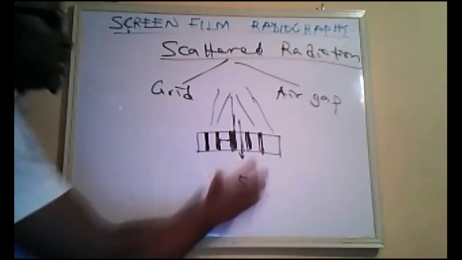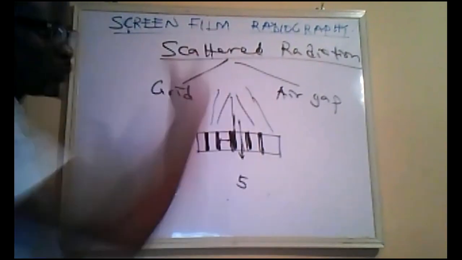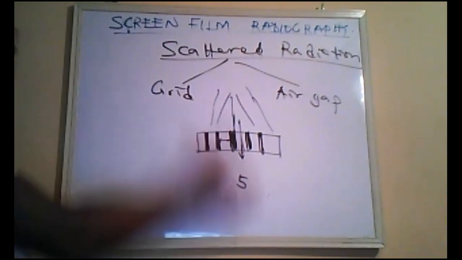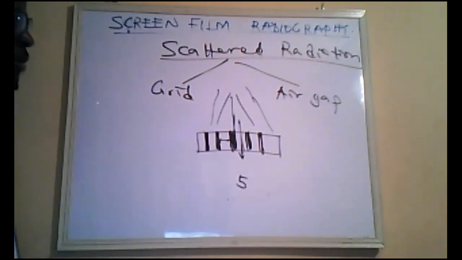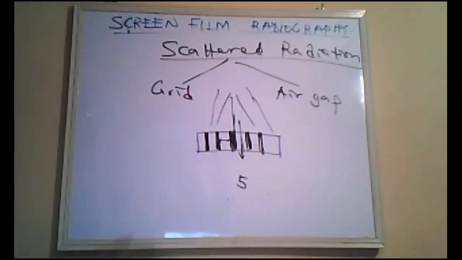So the AEC will activate the machine to get more exposure, which is going to lead to more exposure. So grid is actually a veritable way of reducing scatter. Of course, we know that the major cause of scatter is the Compton scattering.